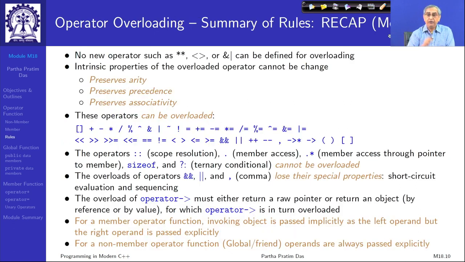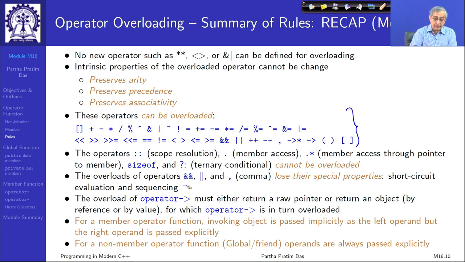So, operator overloading rules we have discussed. You cannot define a new operator, you cannot change the arity, precedence or associativity of any operator, and here is a list of operators that are available for overloading, quite a few of them. Some operators like scope resolution, class membership, member access through pointer, sizeof, and the question mark colon ternary operator cannot be overloaded.